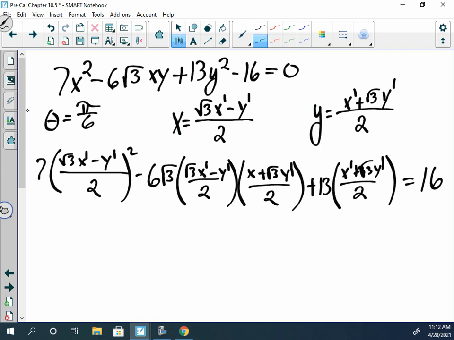I went on and just added the 16 to the other side. We'll deal with it later, but I'm just moving it over there.